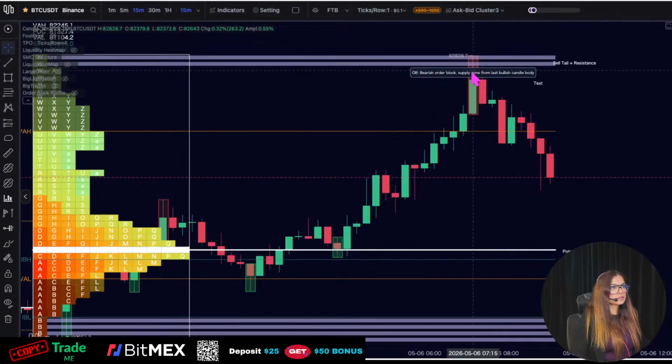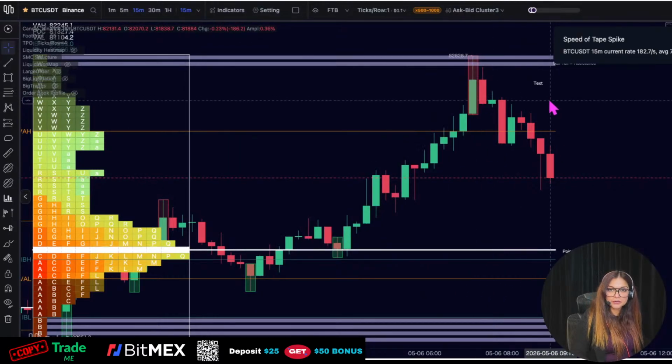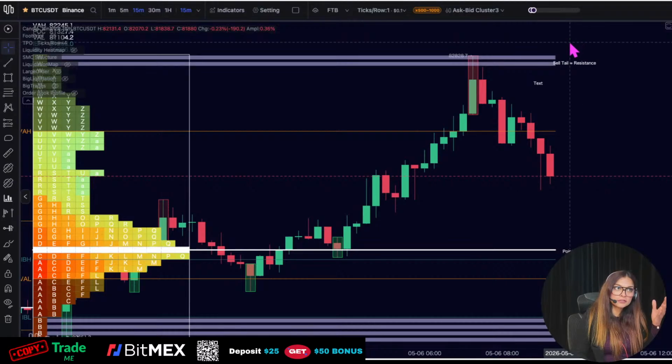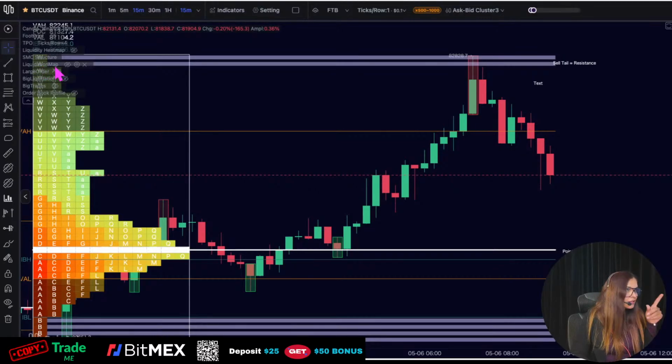So this is an order block and a breaker block, by the way. If you didn't know, a breaker block is a failed order block. So this is an order block here. If this fails, then we get another order block that becomes a breaker block. If I'm not mistaken, I don't use breaker blocks, but I think that's what breaker blocks are.